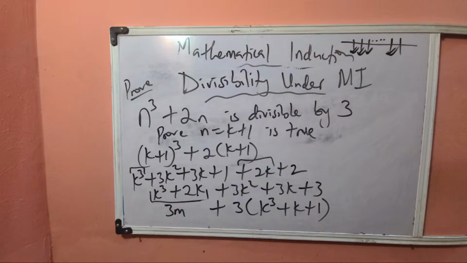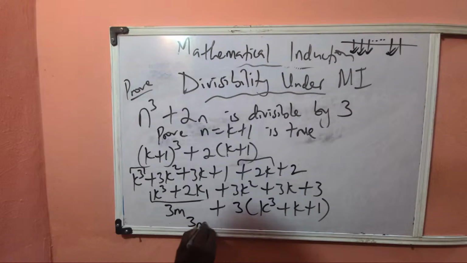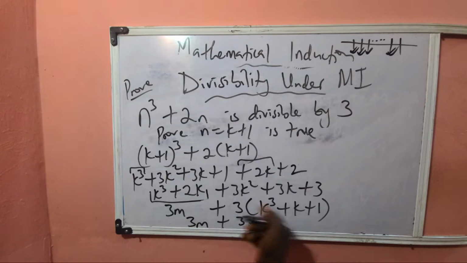that number will be divisible by 3. So the fact that I'm able to do this already tells me that this particular thing is almost like I'm having 3m plus 3p. Let's assume that p is any integer. Let's call the integer p.